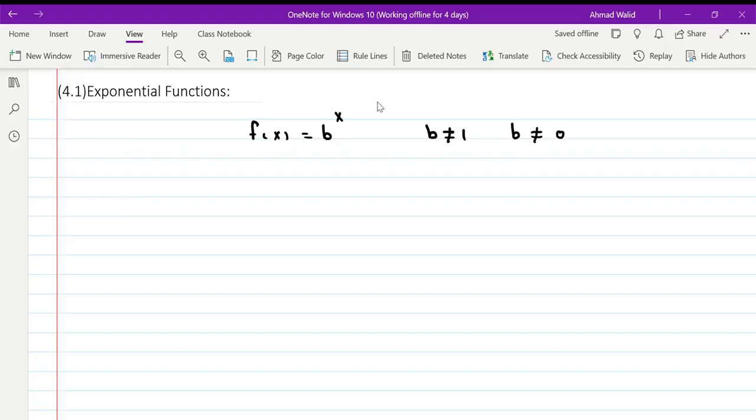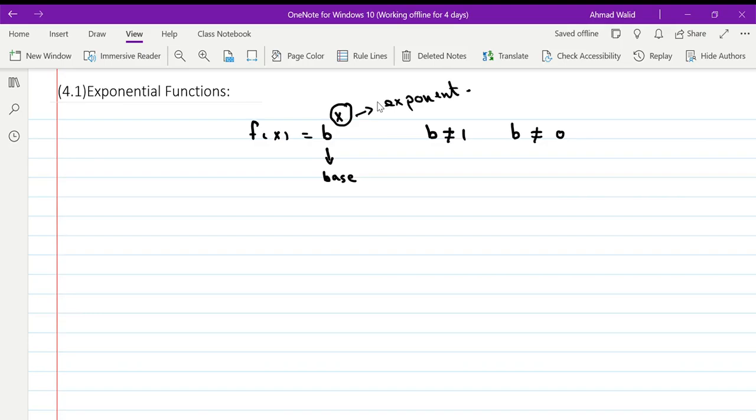Correct? It means your b is always greater than 0, but also not 1. B, we call the base, and x is your exponent.